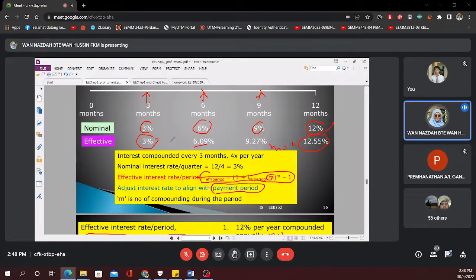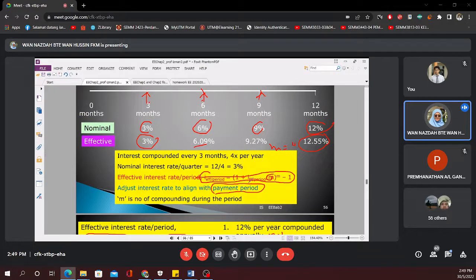What you need to determine is at the end of every year, what is the total of the interest. That is why you need to determine the interest effective.